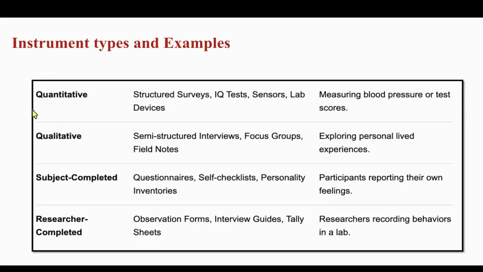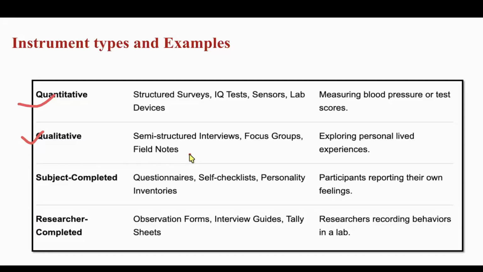So in case of quantitative, majorly it's structured surveys or lab devices, which are specifically used in research areas like biotech, wherein they do controlled experiments daily and then record the data. In qualitative research, there are semi-structured interviews, focus groups, and sometimes the field notes which we make.